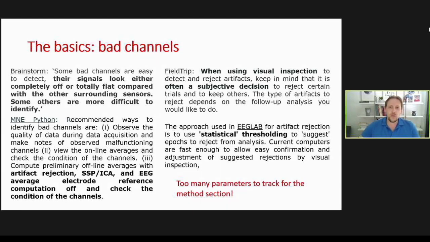Typically we would use visual inspection, and as Phil mentioned, this is often a subjective decision, and this is why we often rely on statistical thresholding and other techniques, like those recommended in MNE-Python, such as source space separation, ICA, and so on. In any case, there will be too many parameters to track just to report this in the method section.